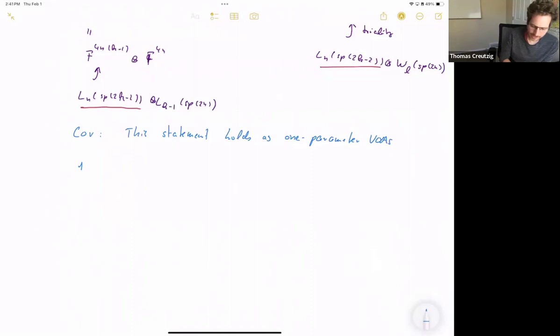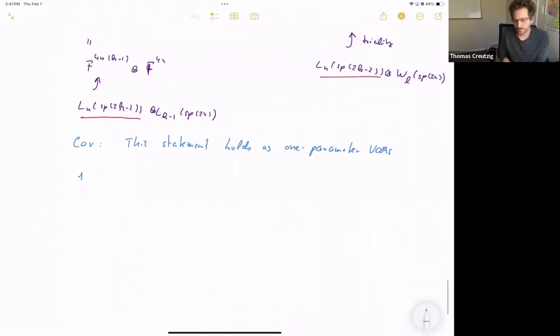Okay, so now think about this. We have a general coset problem. Here it is the diagonal coset of a one parameter family of VOAs. The one parameter family is the affine VOA of SP2N at level K minus 1, so K is the parameter, times these 4n free fermions.